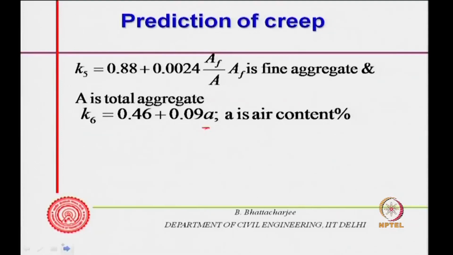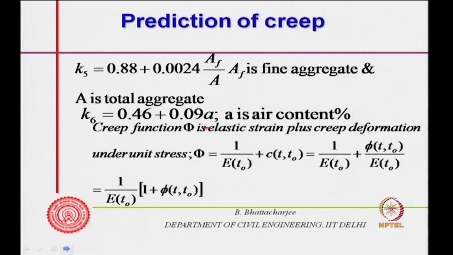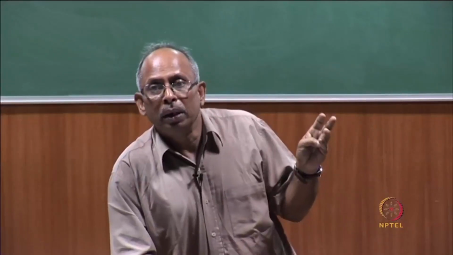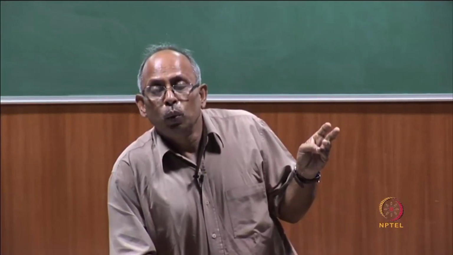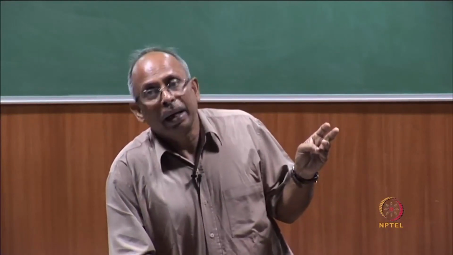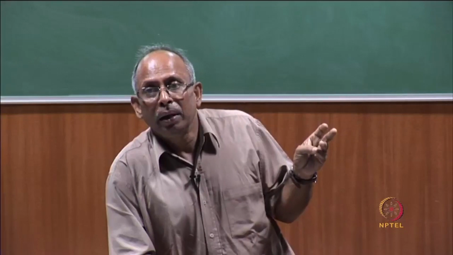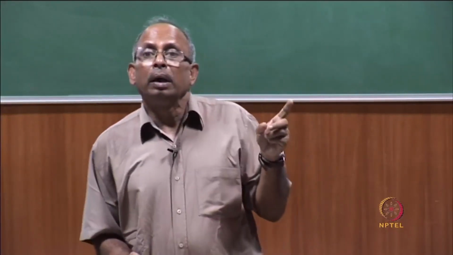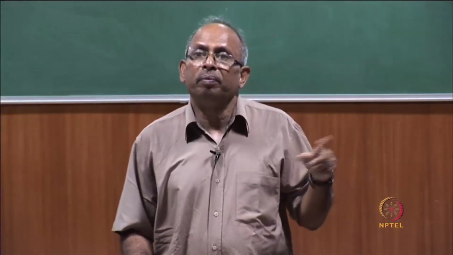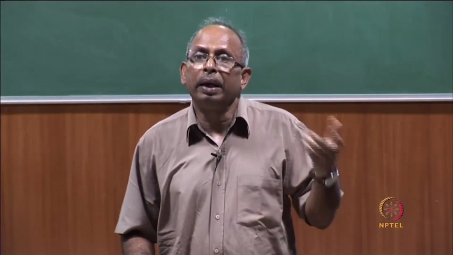So, what we see is that it all depends upon all these factors, and then we define a term. K1 is the curing condition, an environmental condition I can say, K2 is relative humidity, again an environmental condition, K3 is volume to surface area ratio, K4 is slump, K5 is fine to coarse aggregate ratio, and K6 is air content.